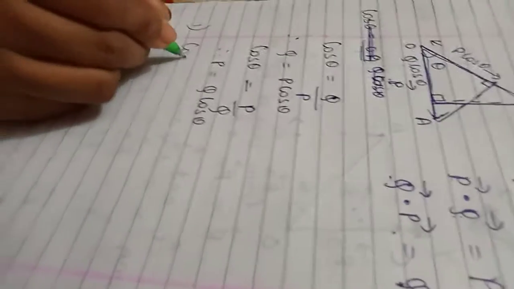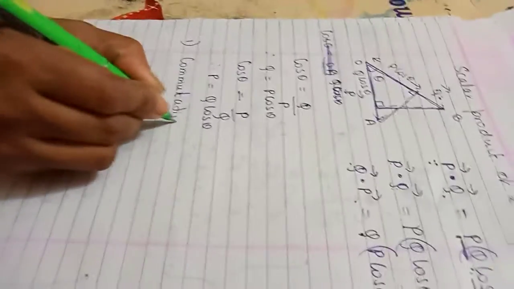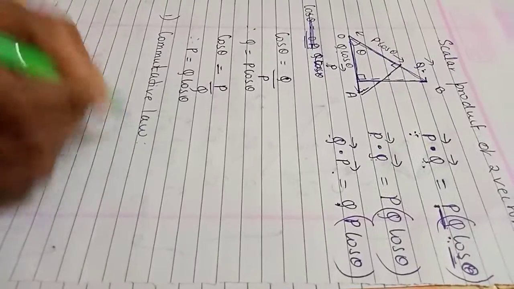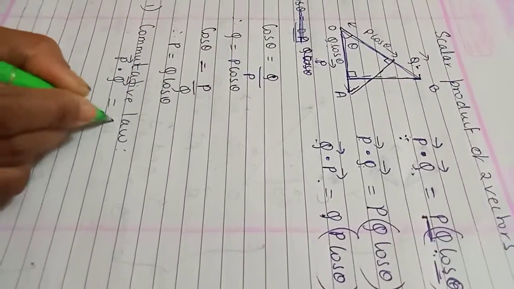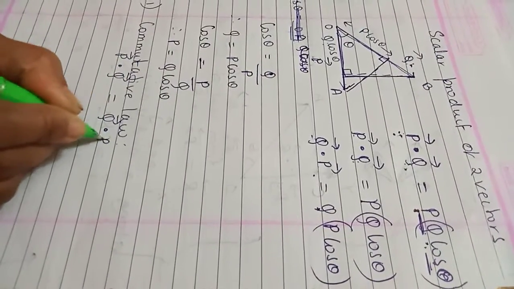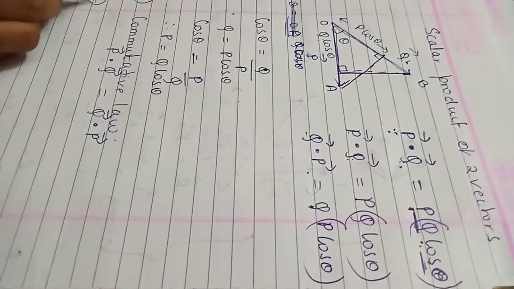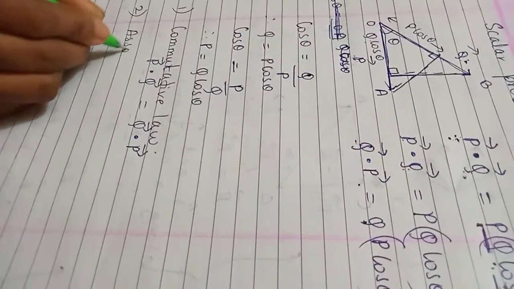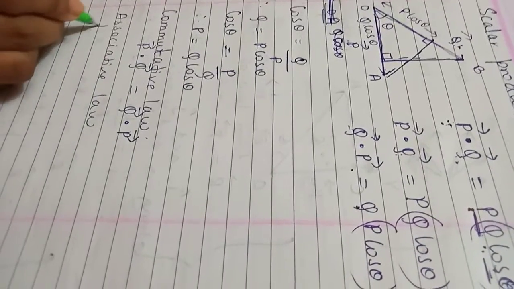Scalar product obeys the commutative law of vector multiplication. What is commutative law? P dot Q is equal to Q dot P. Okay. It also obeys the associative law. Associative law means what?